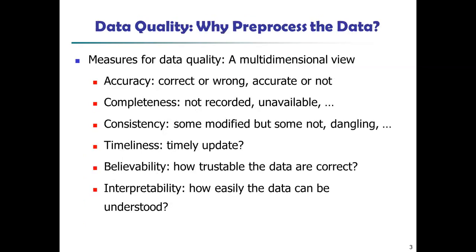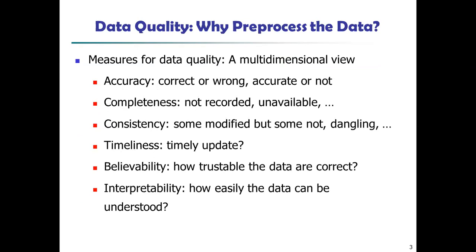So first, what is data quality? Data quality is how quality can be maintained for that data. Why pre-process the data? Whenever you want to pre-process the data, you must maintain the quality of that data.